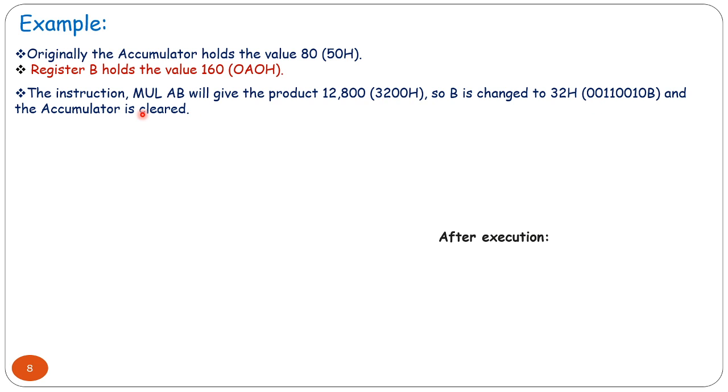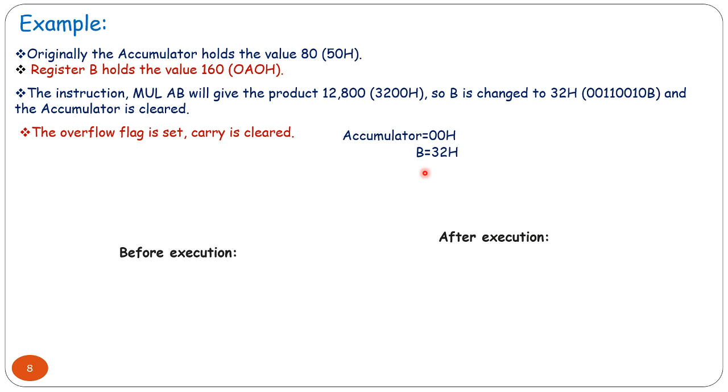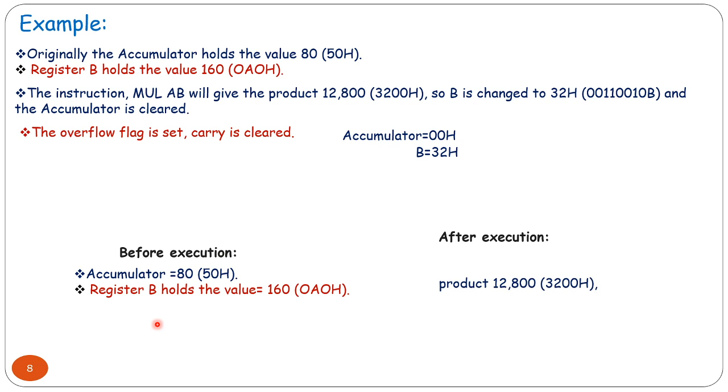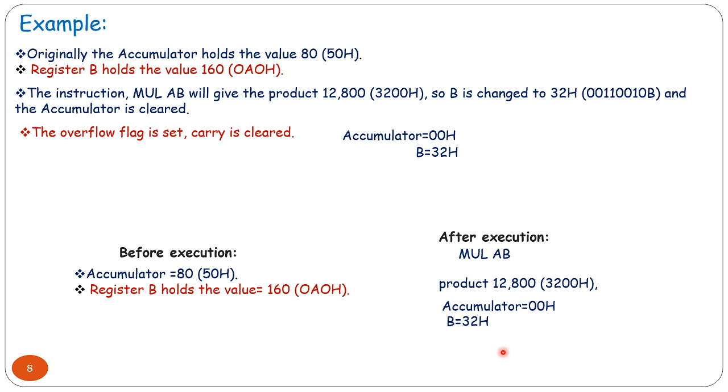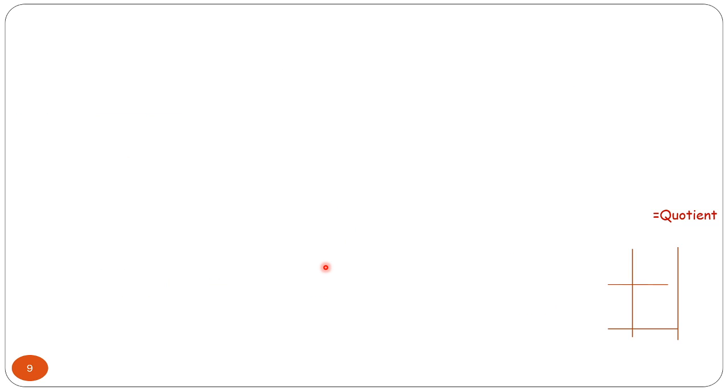Get clear? So here accumulator has 00 and B register has 32H. So this is the content before execution, and after execution the product will be like this. So accumulator will be 00 and B register having 32H. So like this the instruction MUL AB gets executed.